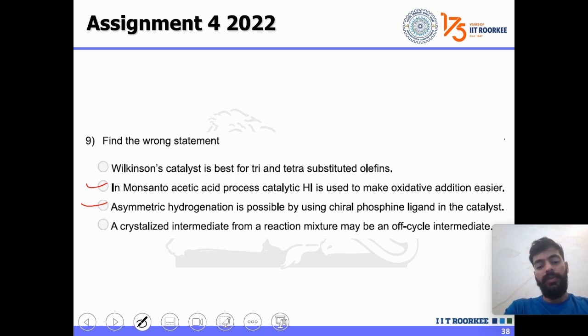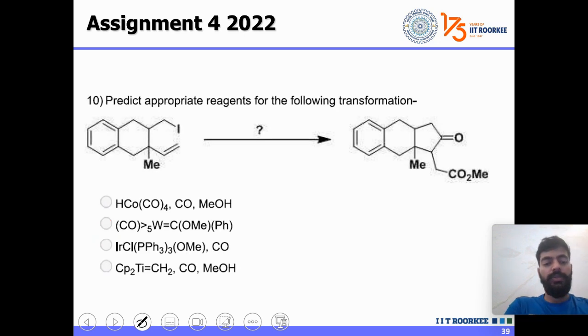A crystallized intermediate from a reaction mixture may be an off-cycle intermediate. This is also true. So if you see here, Wilkinson catalyst is not best for tri and tetra substituted olefins because it is already bigger in size, and tetra and tri substitution will introduce steric hindrance while using the Wilkinson catalyst. Let's move to the next question.